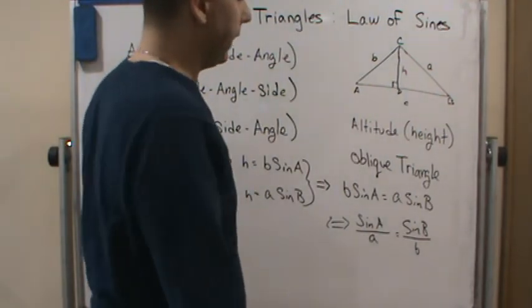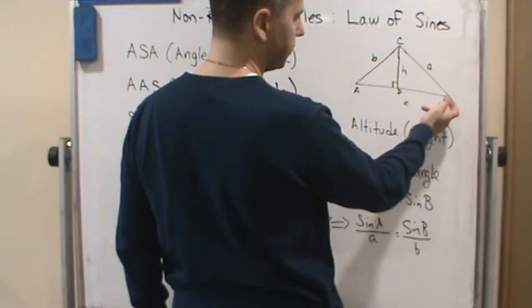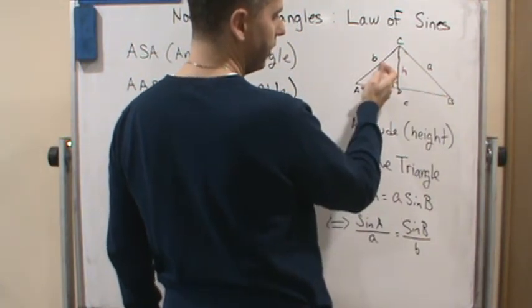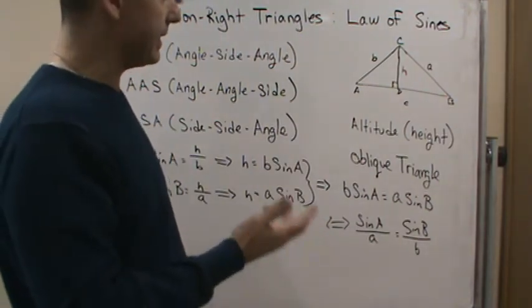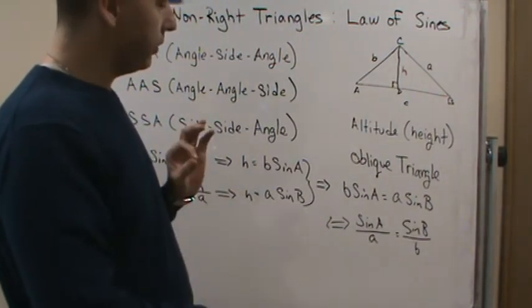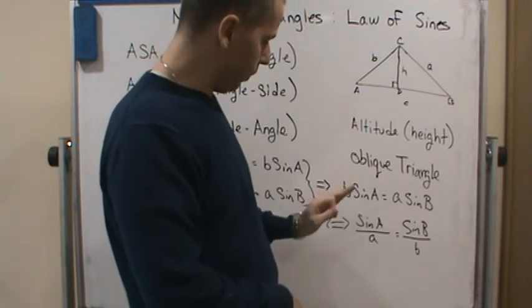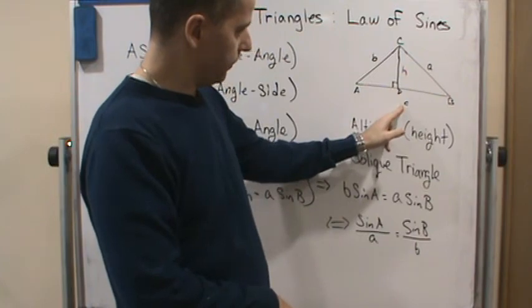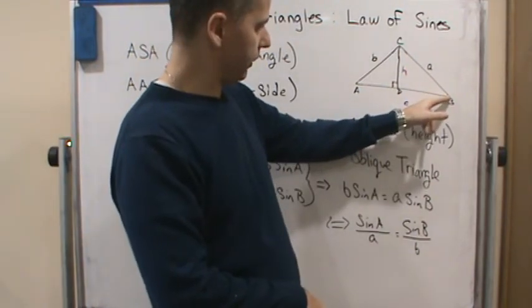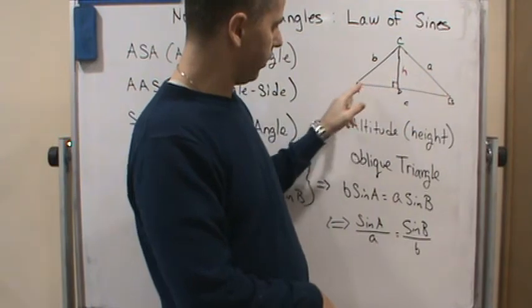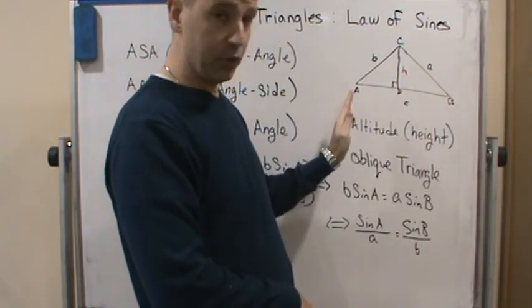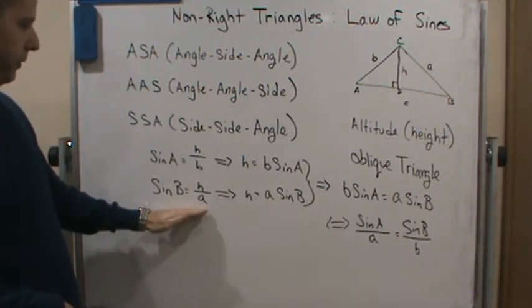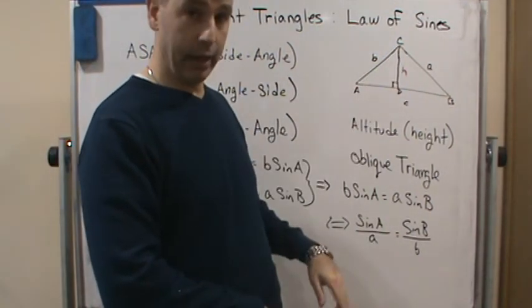I can draw another altitude and use those two right triangles to get another equality that relates C with one of the other two.